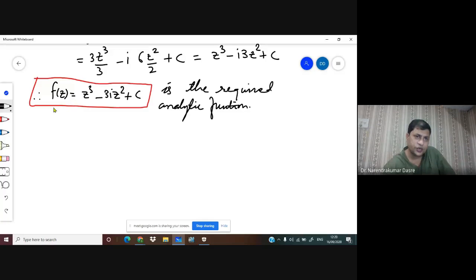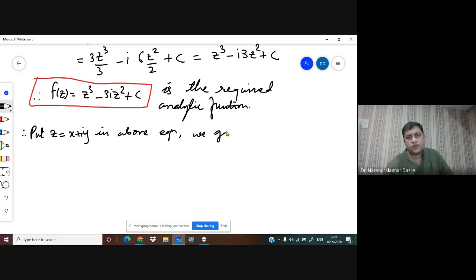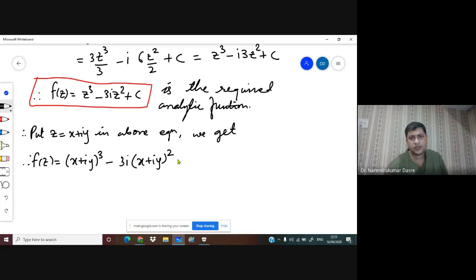Now we have to find a harmonic conjugate, and hence the third step. So what we can do is put z is equal to x plus iy in the above equation. So we get (x plus iy) cube minus 3i (x plus iy) square plus c.